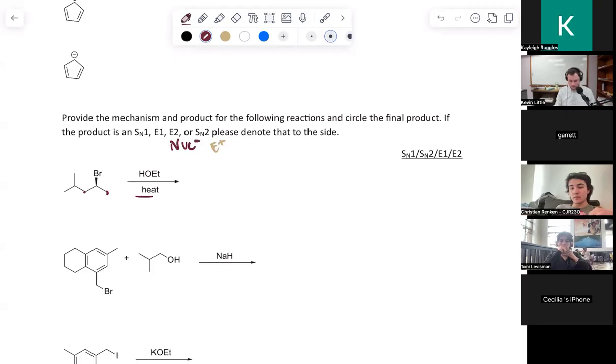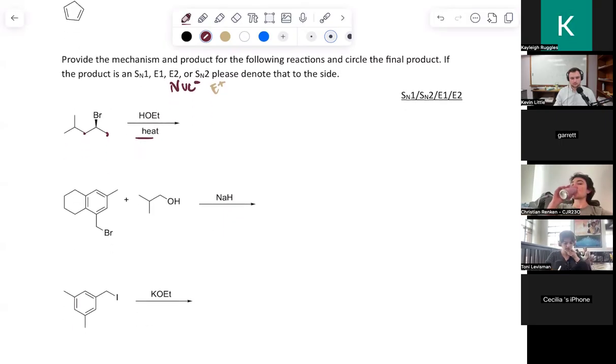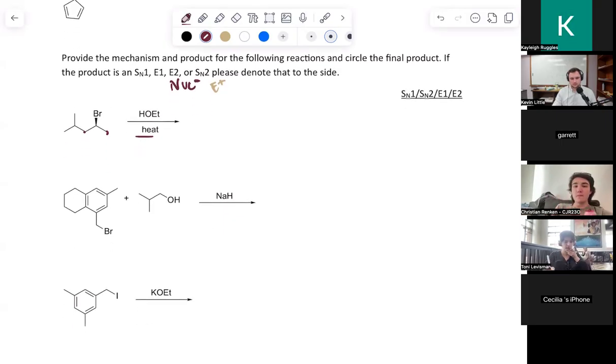So, in this first question, what is my nucleophile? Your nucleophile is going to be the OH, the alcohol. What is my electrophile going to be? The carbon on the bromine.